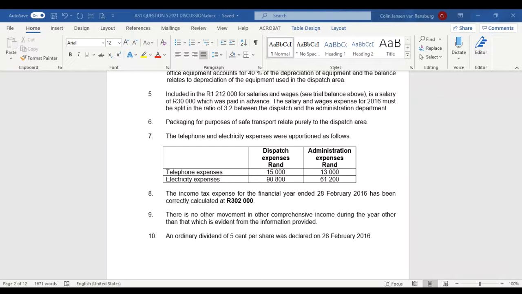Income tax expense, right? And we hammer the fact that you must use the word expense here, because as we'll see a little bit later, we've also got something called current tax payable. And a payable is not the same thing as an expense. An expense is an expense. A payable is a liability.